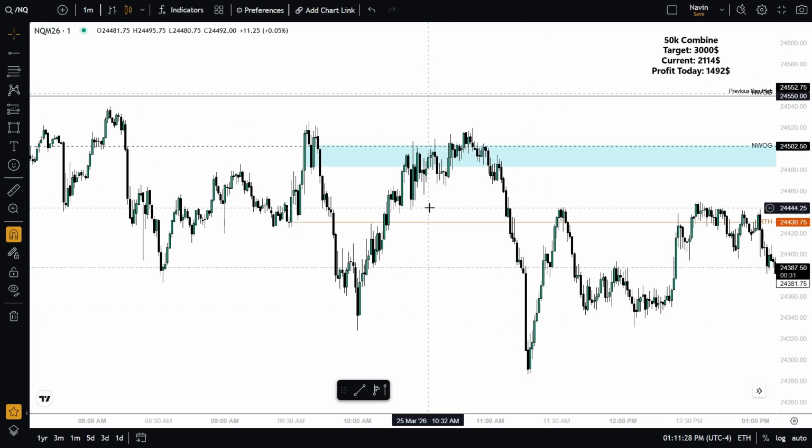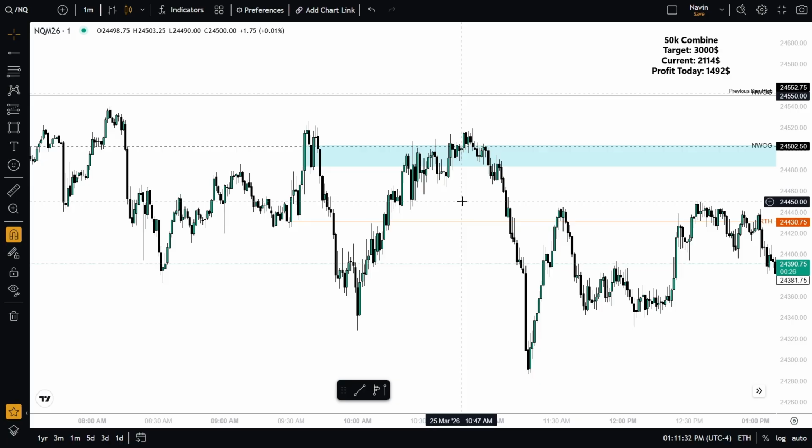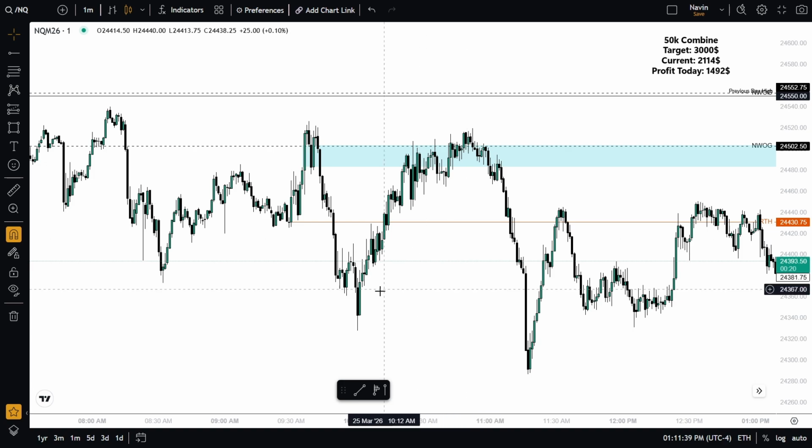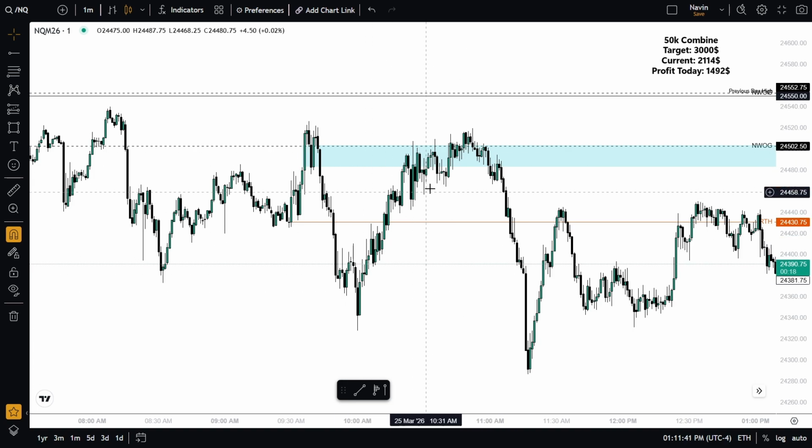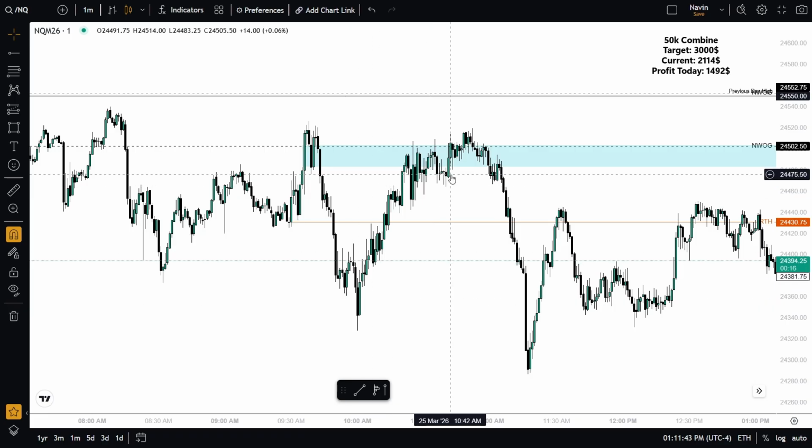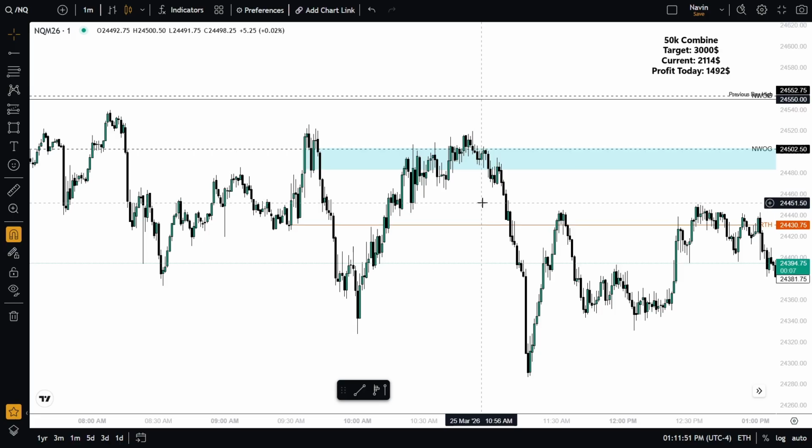So I just waited for my time, for the 10:50 macro. I expected a price movement towards these liquidities that formed during this clumsy price action. And just as I expected, it tipped its hand to me.